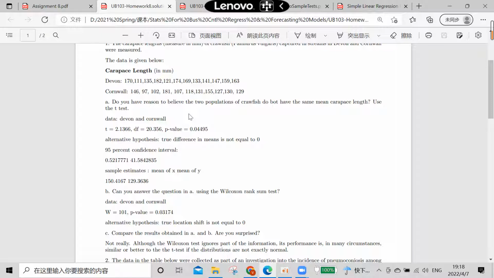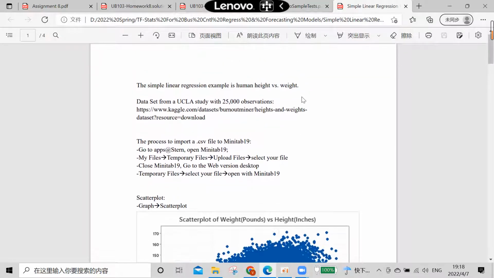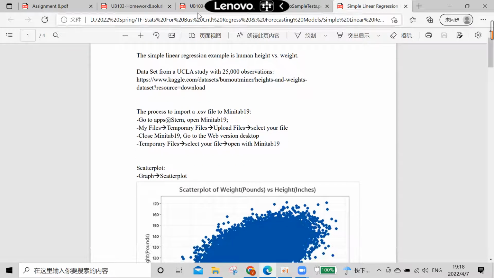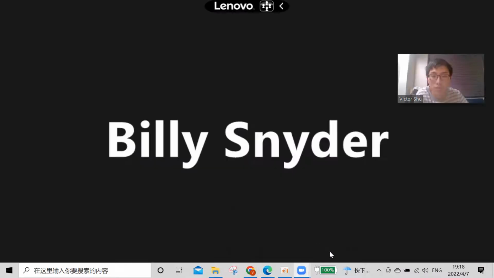So the t that we find from the two samples, we compare it to the critical value that we find from the table. Yep. But that's one way. There are two ways.